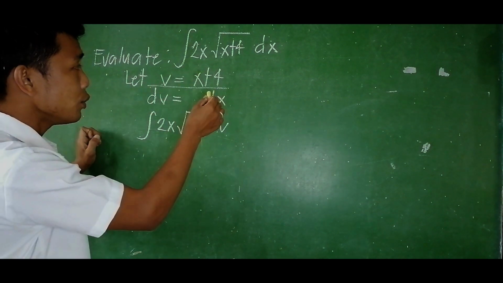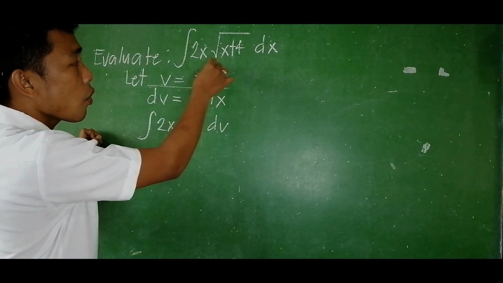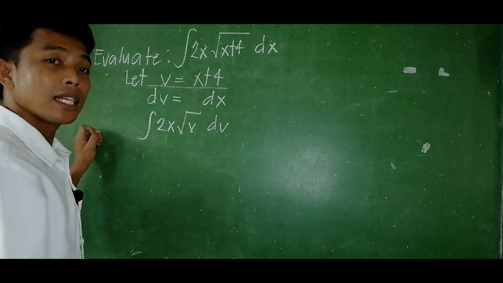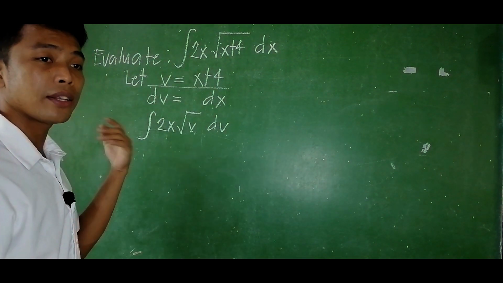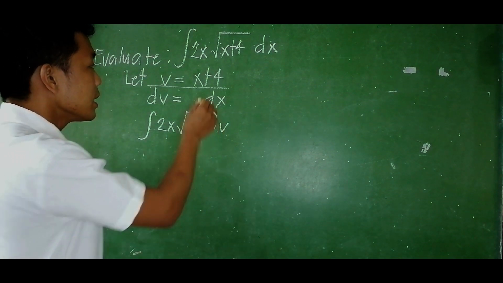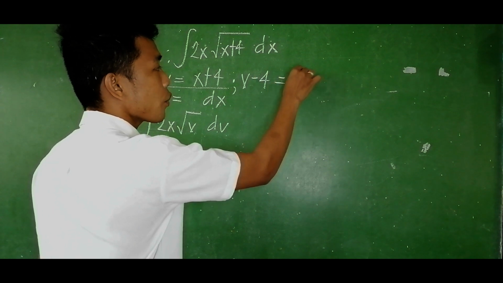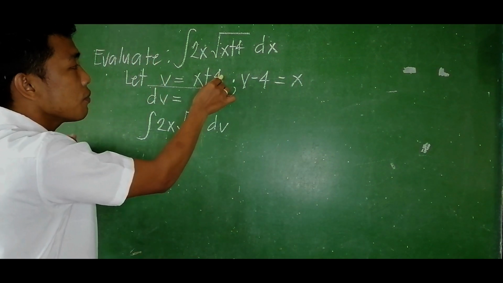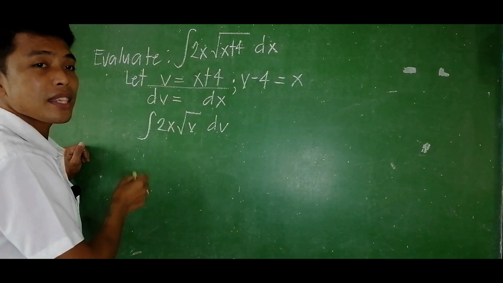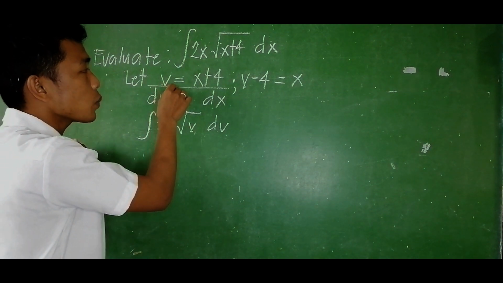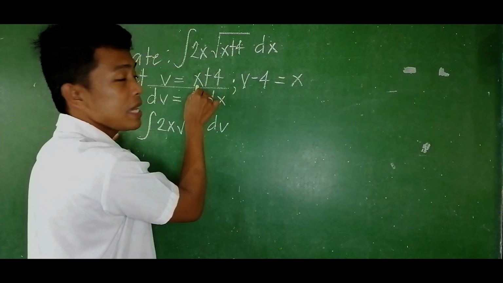To do that, we need to remove all other expressions beside x and move them to the other side, dividing if necessary. So we will get v minus 4 is equal to x, because we are going to move positive 4 to the left side of the equation. We will have v minus 4, and what will remain on the right side will be x.